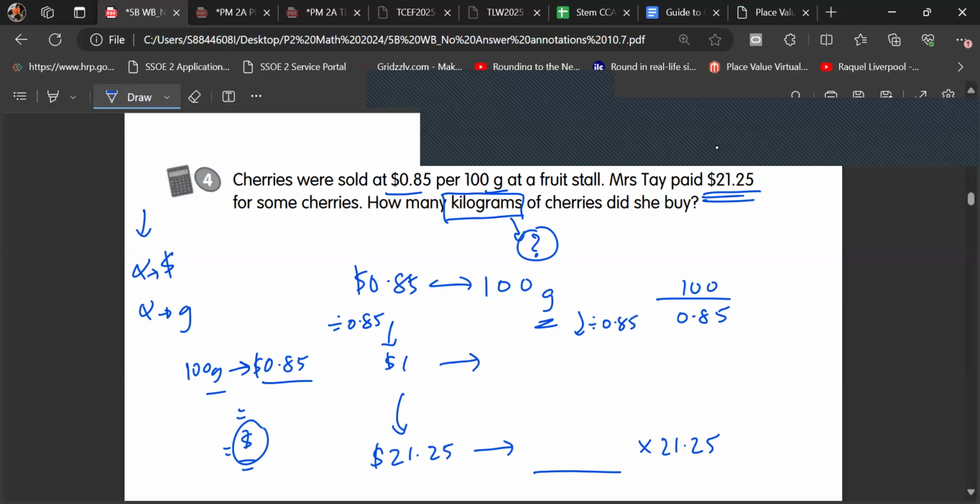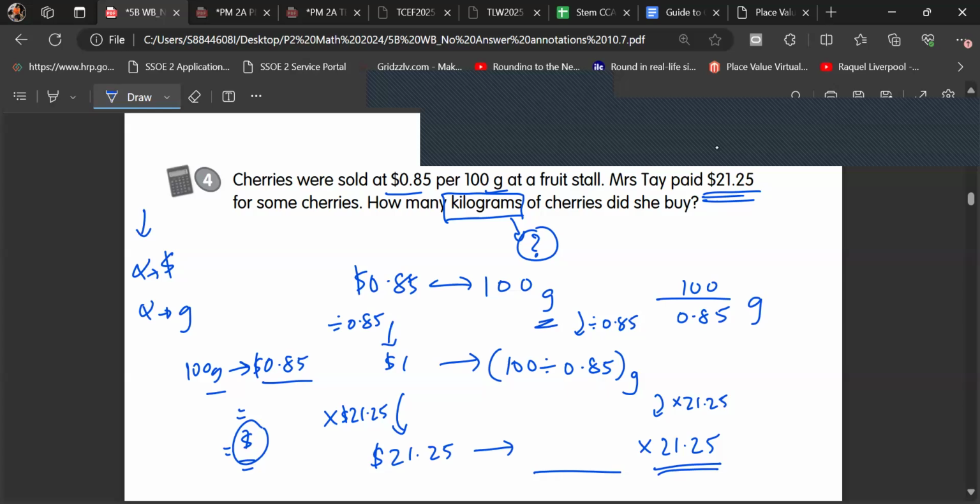So I can write like this, or I can write 100 divided by 0.85 grams. Then I multiply by this. So for $1, I get that many grams. Do I need to calculate that out? No need yet. The final step, I just do it at the end. Is the division symbol easier? Yep. That is acceptable as well.